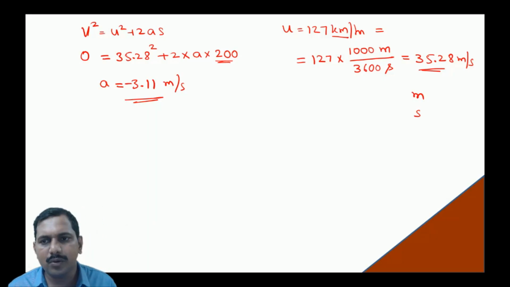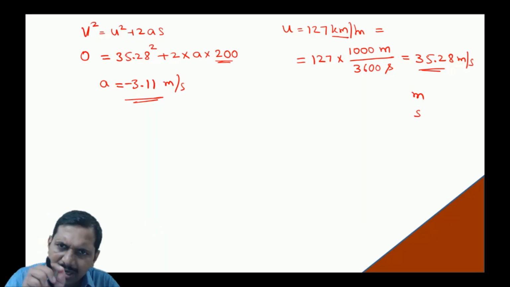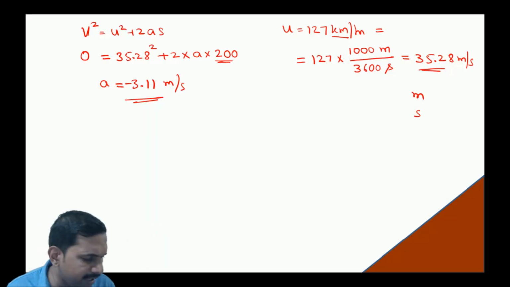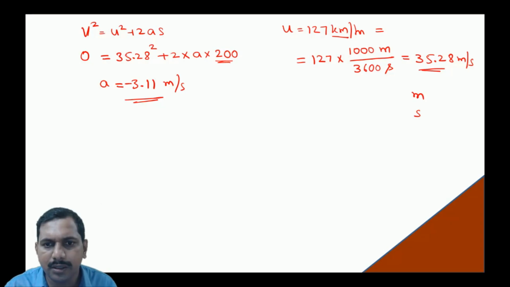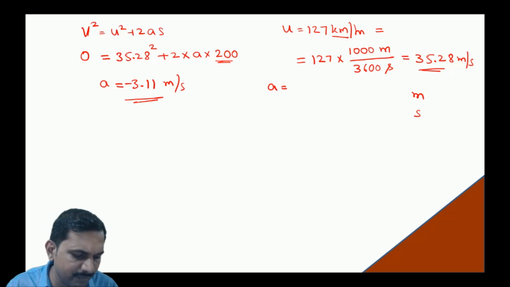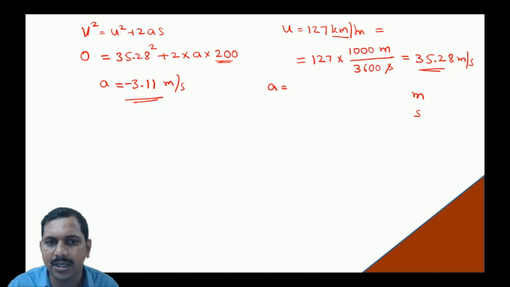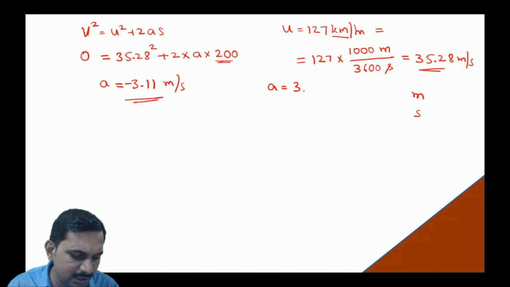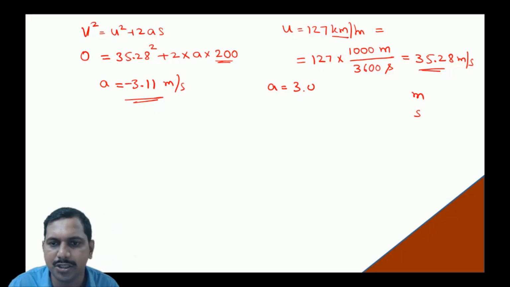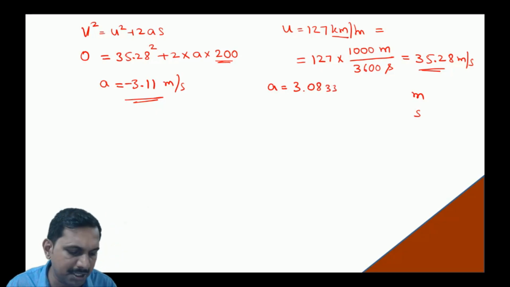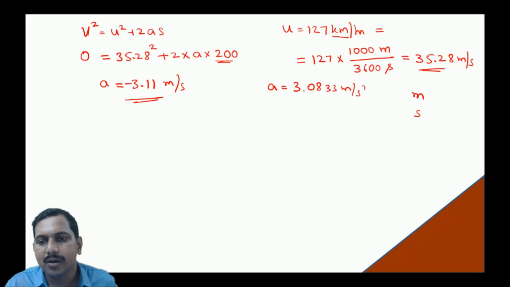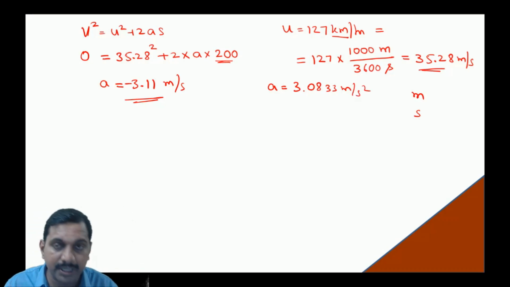Okay. Now the question arises, sir, why is there a bit of difference? In the previous case we got the acceleration as 3.0833 meters per second square, when we calculated acceleration using kilometer per hour square and then converted.